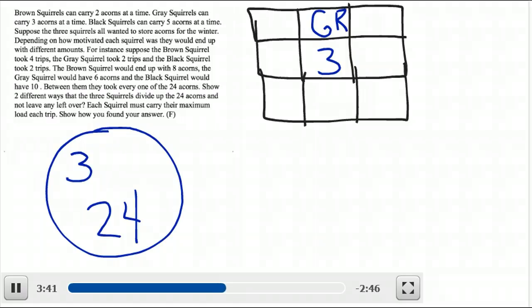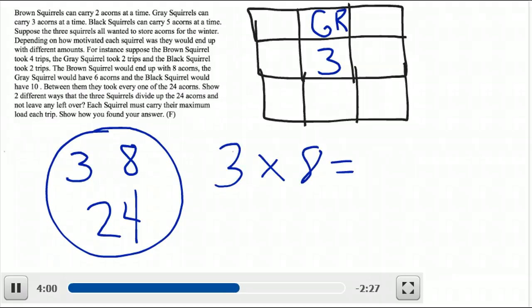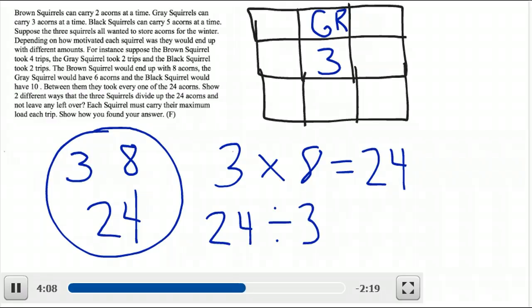Let me think for a moment. 3 times some number equals 24. I know the answer is 8. 3 times 8 is 24. So this is 24. If I take 3 at a time, instead of saying 3 times 8 is 24, I can say 24 divided by 3, taking 3 at a time, equals 8.